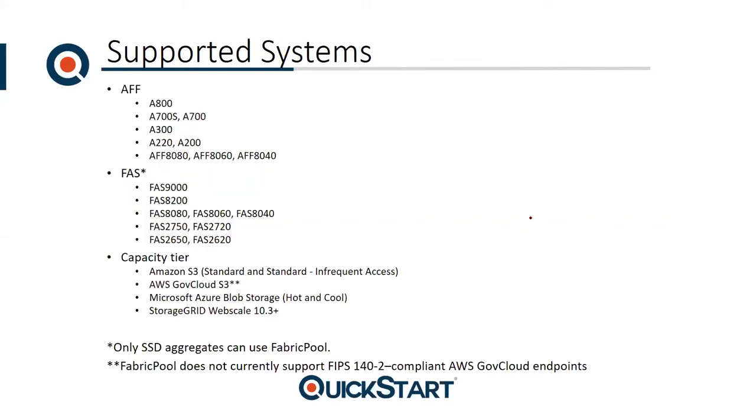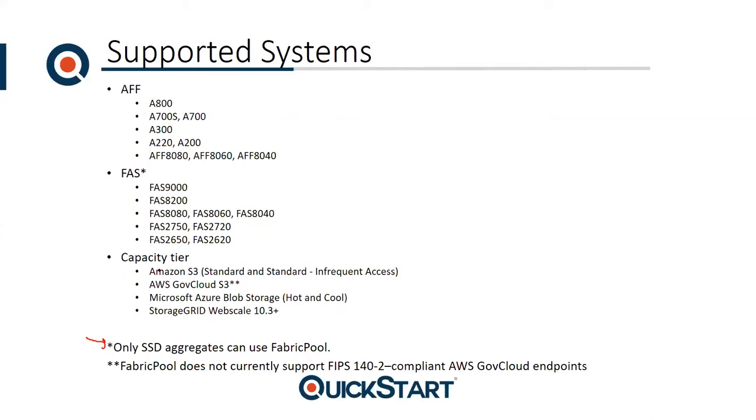So just some of the basic requirements, and then here for reference, what exact systems, what models are supported. You can see the all-flash systems up there, and then in the FAS world, up through the 9000 series, a lot of the newer lower end series are supported, but notice the lovely little asterisk: only SSD aggregates for those.